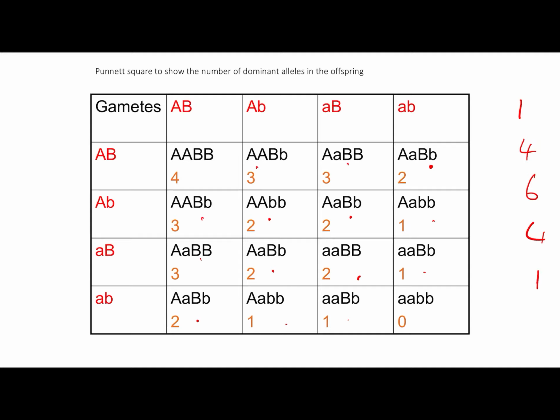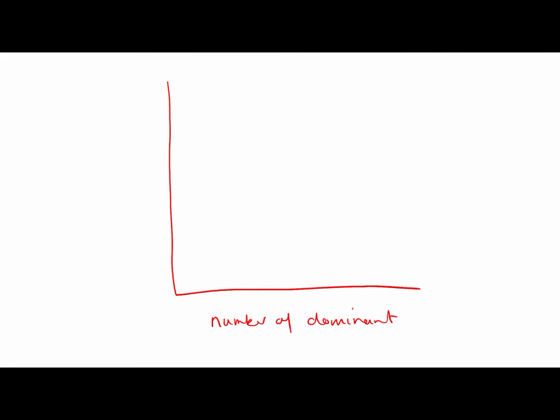So what we can do here is now plot a little histogram to show the distribution of these different frequencies. So we'll just do our axes like this. On the x-axis, you put your number of dominant alleles. And here we put the frequency on the y-axis.